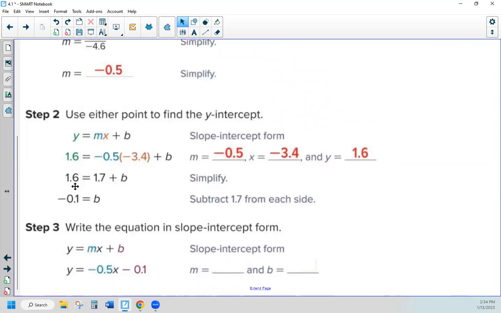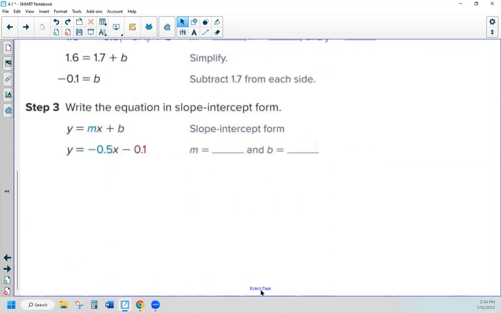When you solve that and you take 1.7 to the other side by subtraction, we get a y-intercept of negative 0.1. And then we just write the equation. And voila, we are done. Substitute your slope with the slope that we found and the b, or y-intercept, with the intercept that we found. That's it. This is our equation.